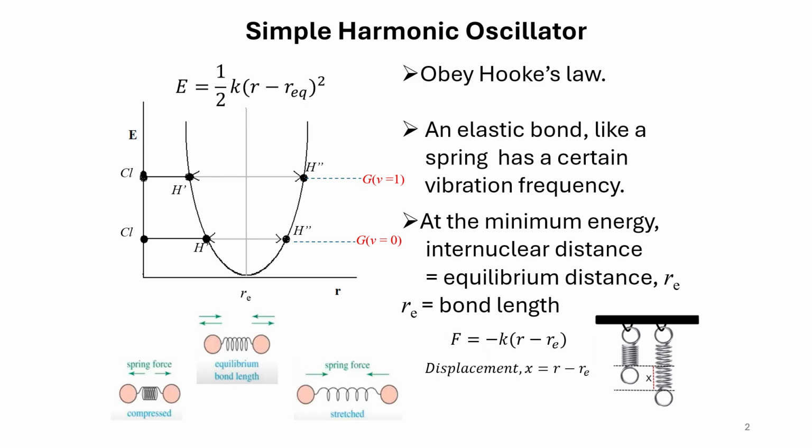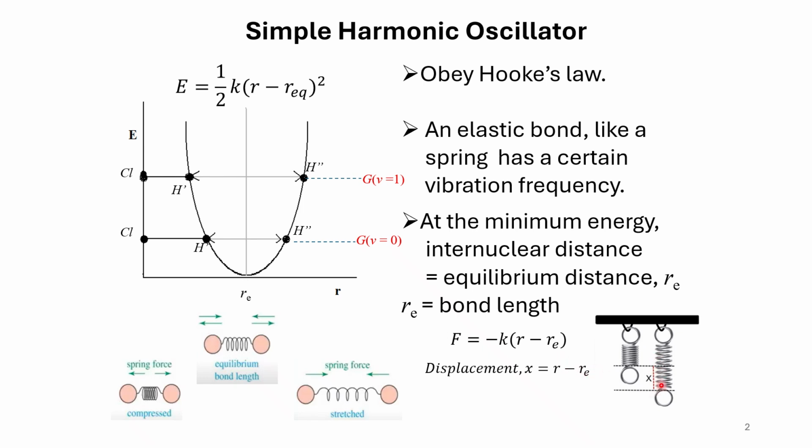So the concept begins with the simple harmonic oscillator model. If we consider the bond to behave like a mass on a spring, then the restoring force F is proportional to the displacement, which is written as r minus r equilibrium.